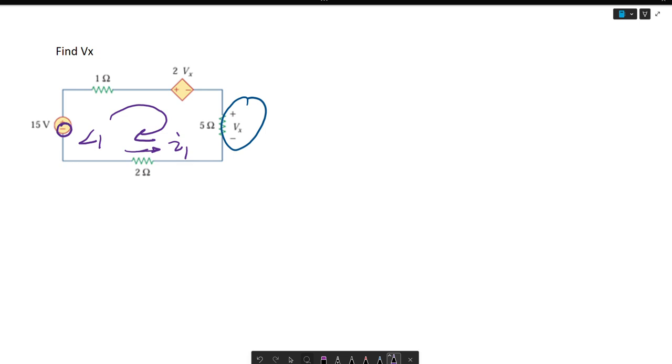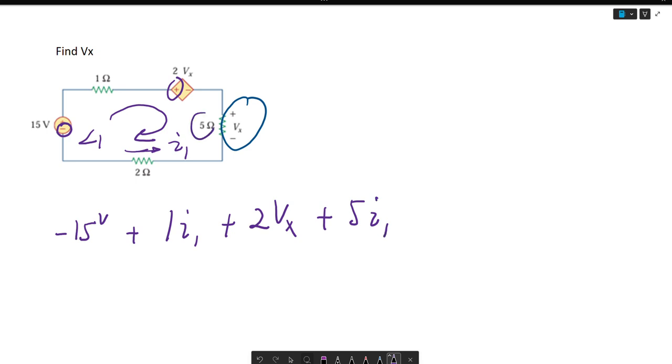It's going into this 15 volt voltage source, but we consider it negative 15 plus I1 times 1 ohm, or let's just say 1 times I1, plus 2 times Vx, again it's positive, plus 5 times I1 because it's 5 ohms, plus 2 times I1 is equal to 0.